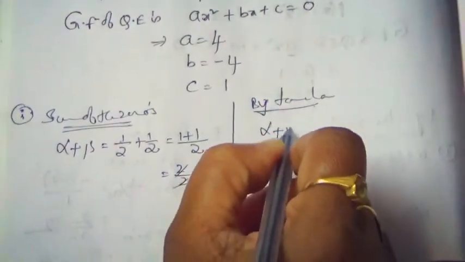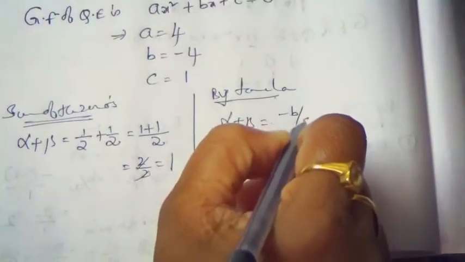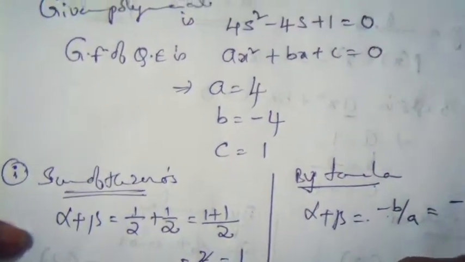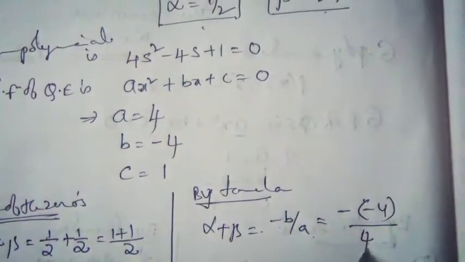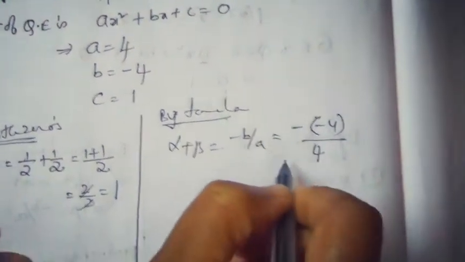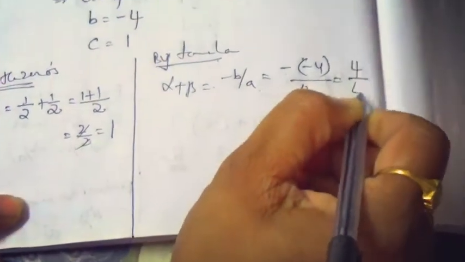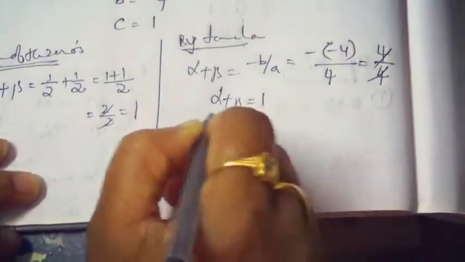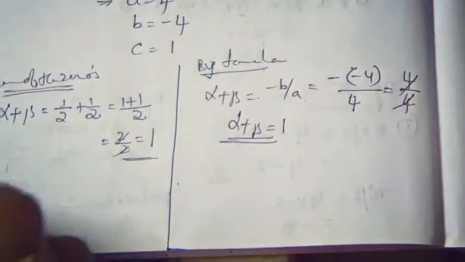Alpha plus beta is equal to minus b by a. What is the b value? Minus 4. What is the a value? 4, right? Minus of minus is plus, then you will get 4 by 4. On cancellation, you will get alpha plus beta is equal to 1, just like this, okay?